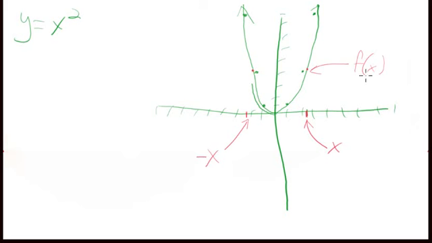So if I put in x, I get out f of x. But what happens when I put in the negative value of that x? What is the y value that I get? It's exactly the same. It's f of x. So an even function just says that f of negative x is equal to f of x.